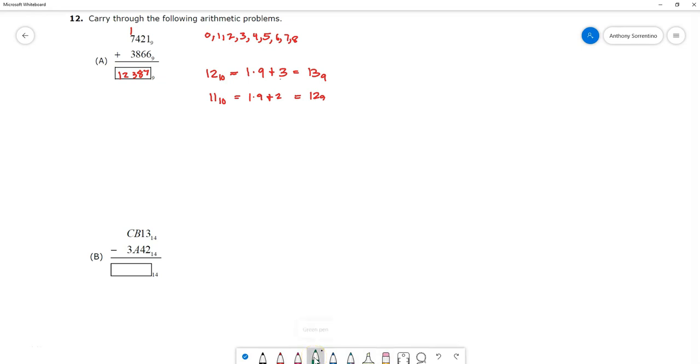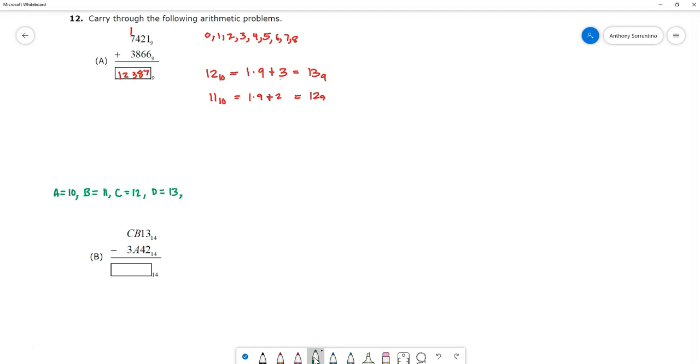So for instance, this one here, since it's base 14, A is going to be a single digit representing 10, B is going to be a single digit representing 11, C is going to be a single digit representing 12. And I'm going to put these other ones in here because they might show up along the way as I go through and do the work on this.